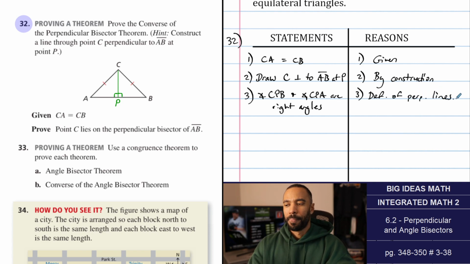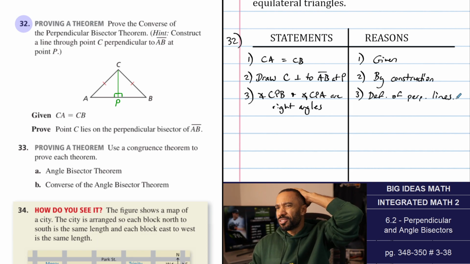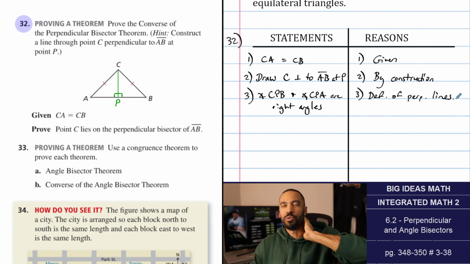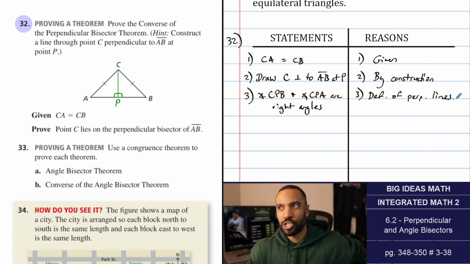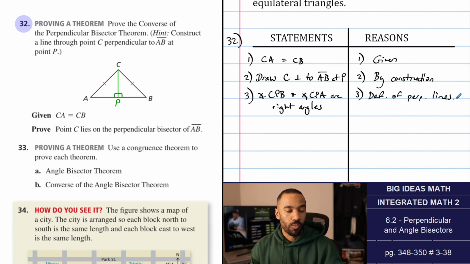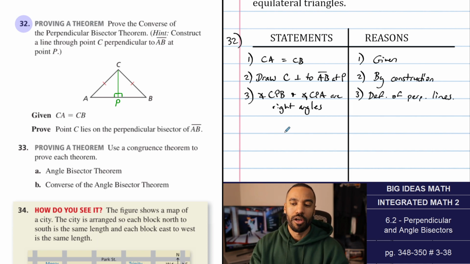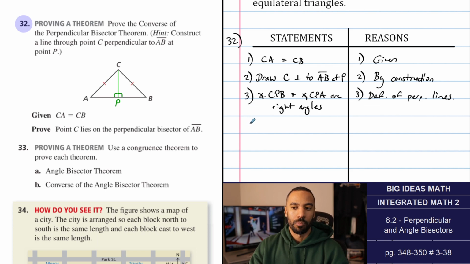Now here's the thing. I don't have to say they're congruent per se. I'm going to be using HL, hypotenuse leg, to prove these things congruent. All you need to say is that one set of legs and the hypotenuses in right triangles are congruent. So instead of calling these things congruent, I'm going to talk more about the fact that these are right triangles.